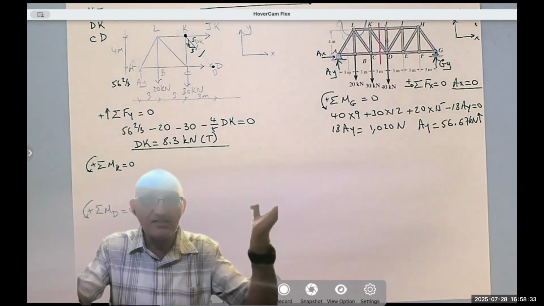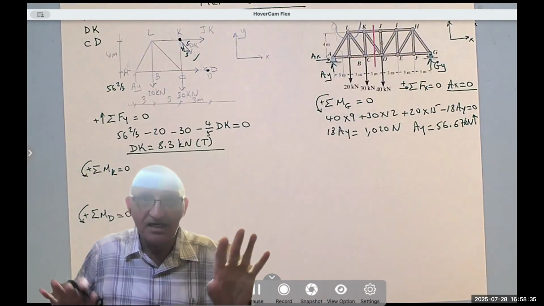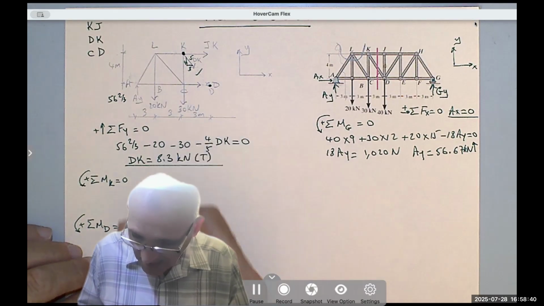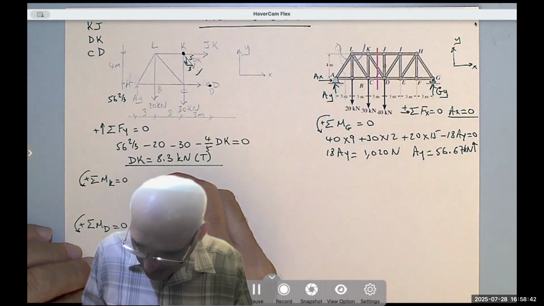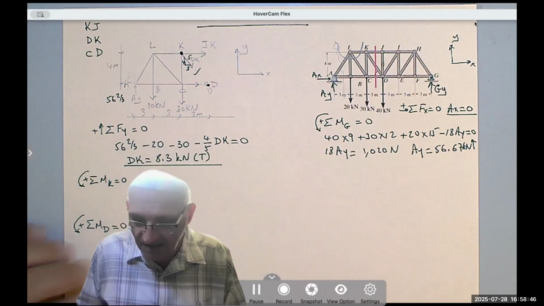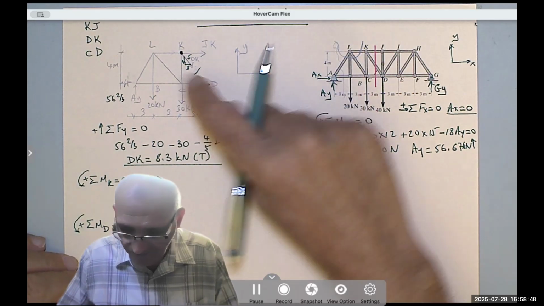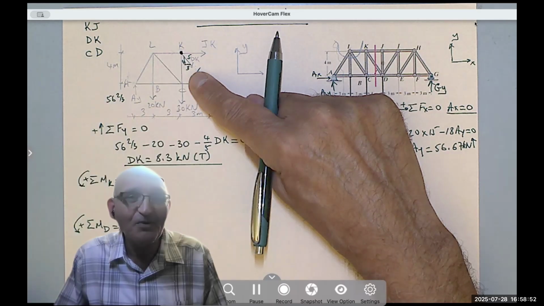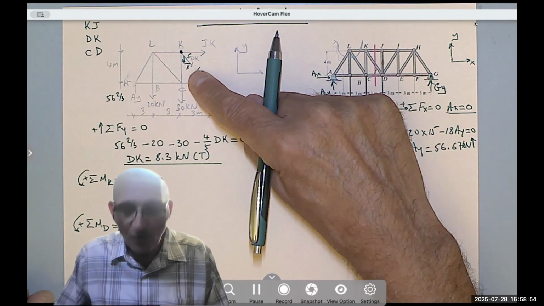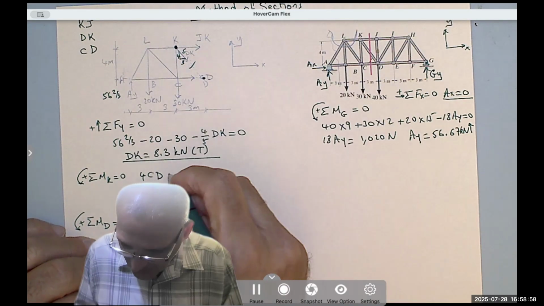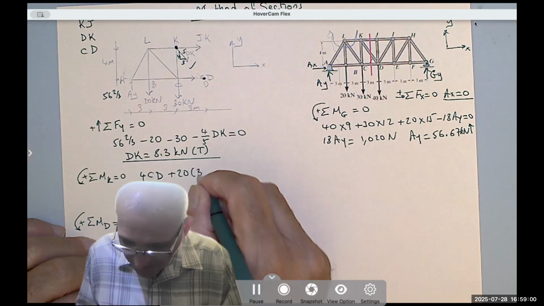So when I take the moment about K, notice these intact members have two forces equal and parallel. They cancel each other. I don't care about them. CD is rotating counterclockwise, so that's positive, multiplied by 4. So 4CD is the moment of this force. The 30 kilonewton passes through K, so it doesn't produce moment about K. What produces moment about K is the 20 that goes counterclockwise, so plus 20 times 3.